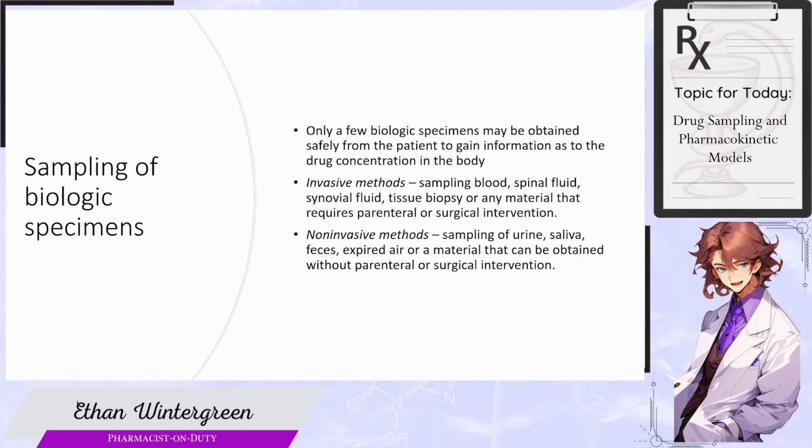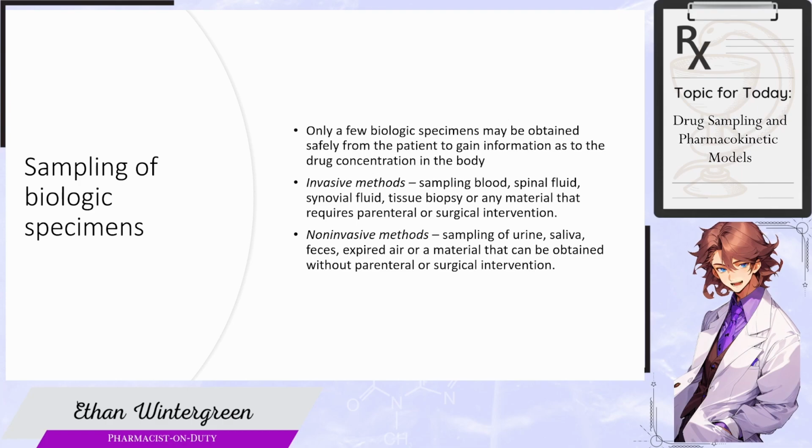So when sampling biologic specimens, only a select type of sample may be used in analyzing our drug concentrations. We have two primary divisions of our methods of sampling. We have our invasive methods and we have our non-invasive methods. When we say invasive methods, these are methods that could need puncturing of the skin or any surgical intervention.